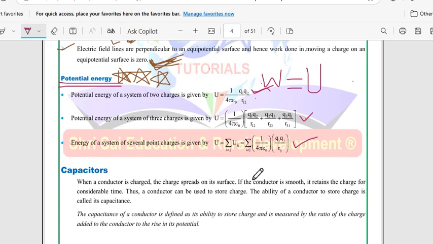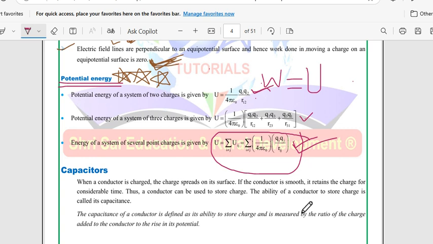So the energy of a system of several point charges, if you consider n number of charges, the general equation will be U is equal to the summation over i not equal to j of 1 by 4 pi epsilon naught into qi into qj divided by r ij. This is the expression for the energy of a system of several point charges.